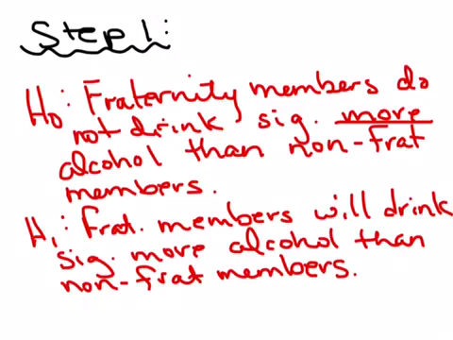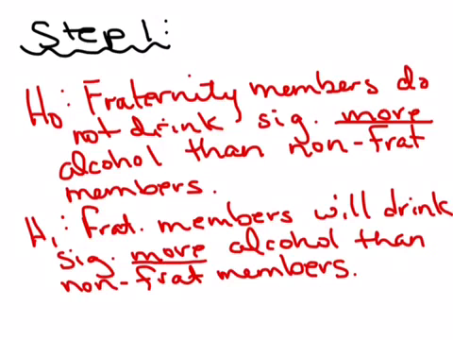So immediately we set ourselves up. We know that because we have these statements of direction, the more, that it's one tail, and because we're looking for an increase, our critical value is going to be one-tailed, and it's going to be positive.